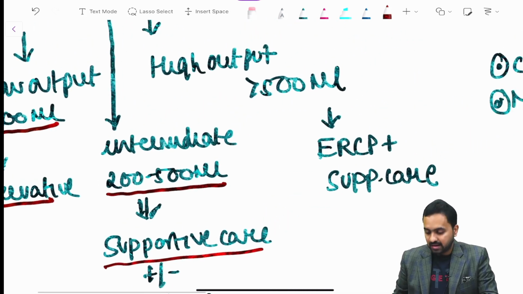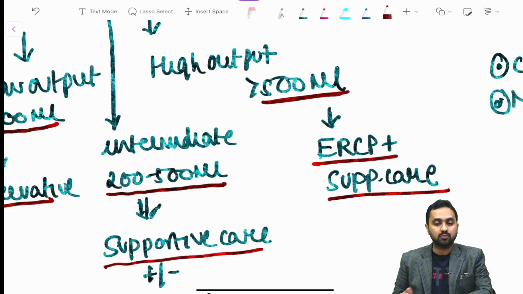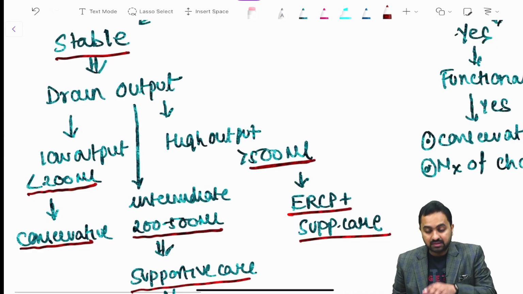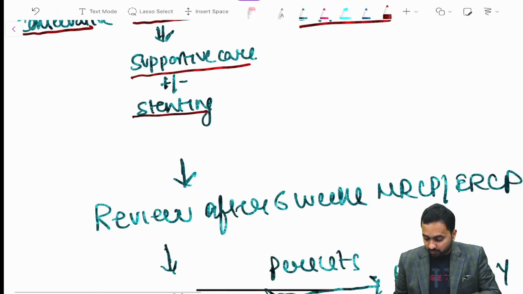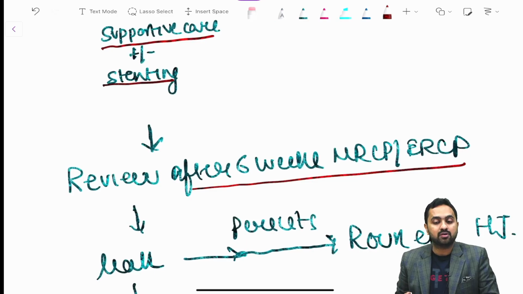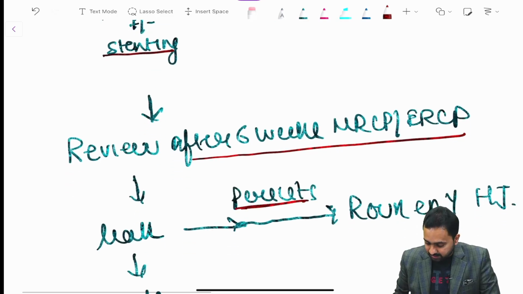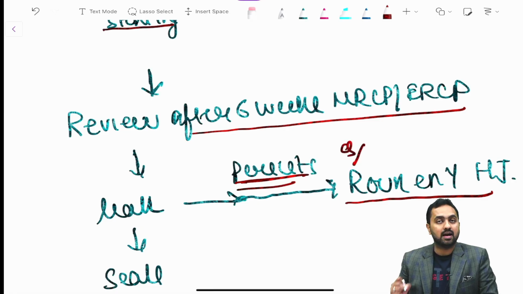If it is a high output more than 500 ml, then we go for ERCP plus supportive care. If in this stable patient you do not have a drain, then we put a drain under USG guidance. Following this, we review the patient after 6 weeks with the MRCP or ERCP. If the leak persists then we need to plan the patient for Roux-en-Y hepaticojejunostomy, and if the leak seals, then we just follow up the patient.